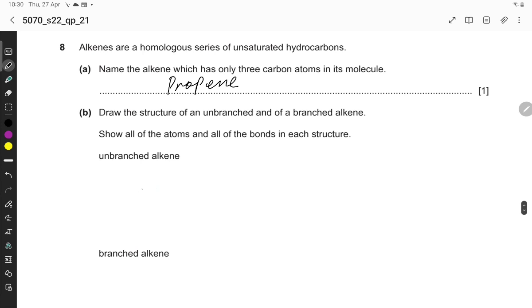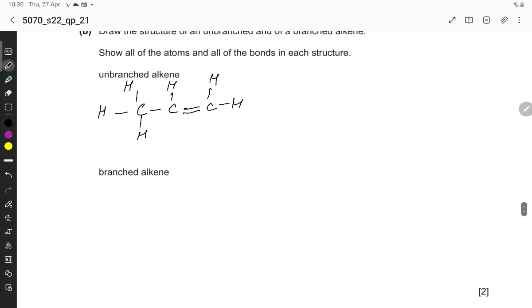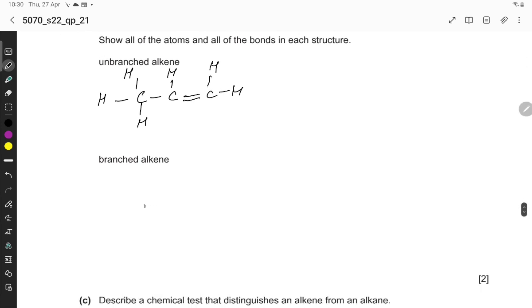Unbranched alkene. This is branched alkene.